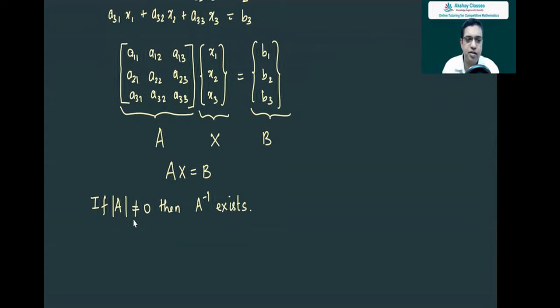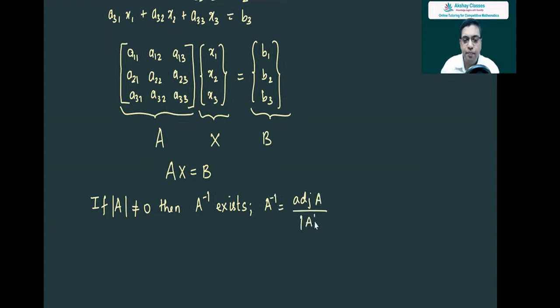And when determinant of A is not equal to 0, it's non-singular matrix. For non-singular matrices, inverse exists. A inverse is equal to adjoint A upon det A.